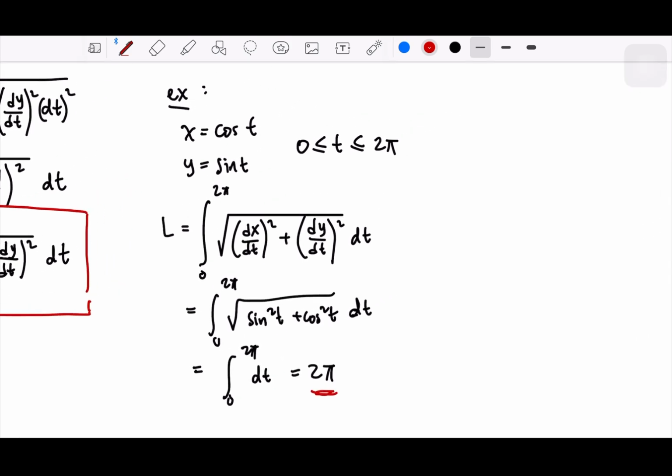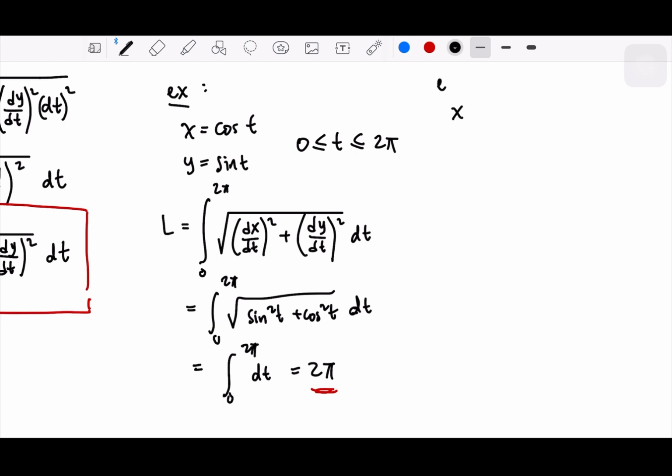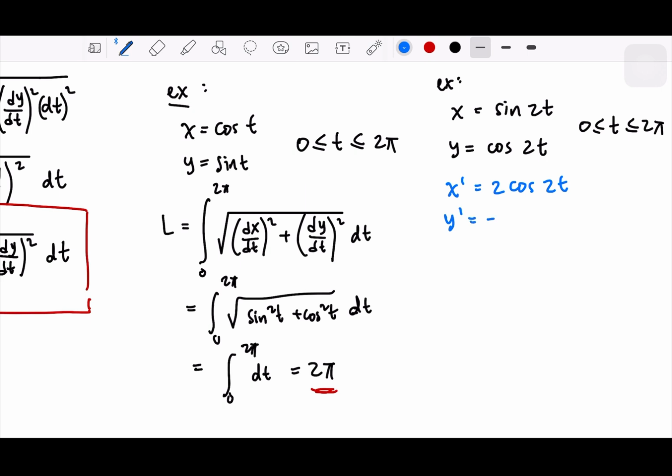Nothing's weird. But if you have another example, let me take all the derivatives of x and y. This will give you 2 cos 2 theta, right? And y prime will give you negative 2 sine 2 theta.